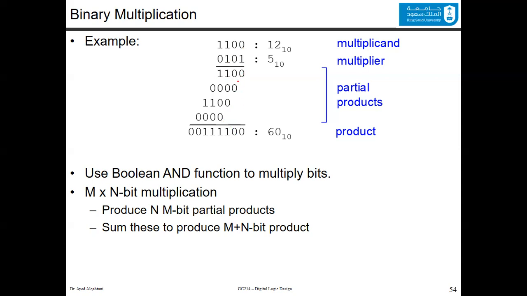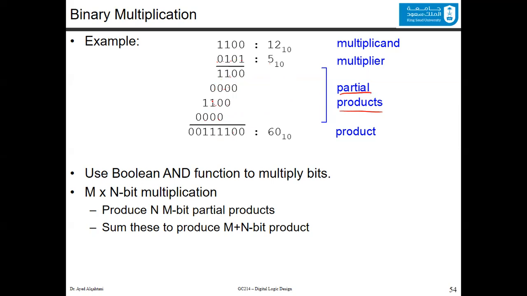Now, after you find all the partial products, since the multiplier has 4 bits, you will have 4 partial products. And now you do this simple addition. 0, you just bring it down. 0 added with 0 is 0. 1 and 0 and 0 is 1. 1 and 0 and 0 and 0 is 1. 1 and 0 and 0 is 1.